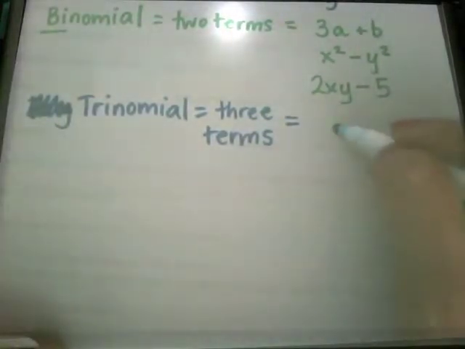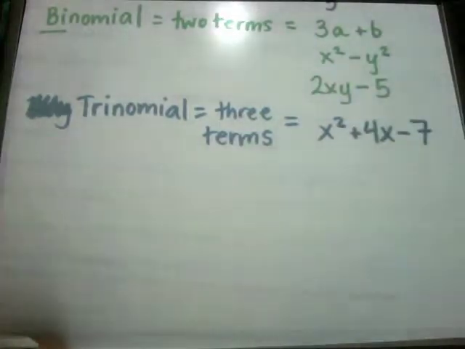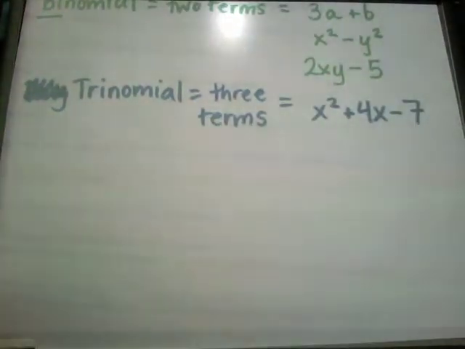So for example, x squared plus 4x minus 7, 3 terms being added or subtracted or both. Right? We can even mix the addition and the subtraction. I'll just stop with that one example. They're all going to look similar to that as a trinomial.